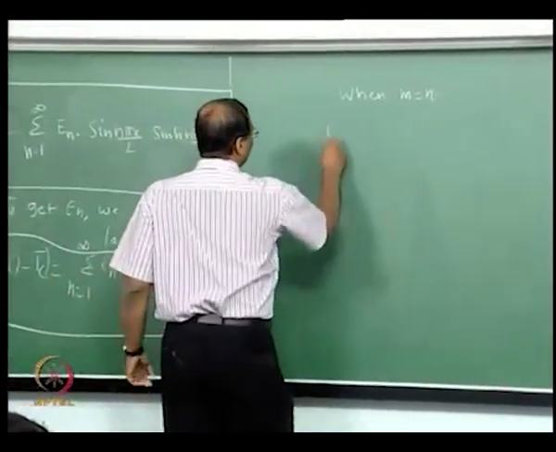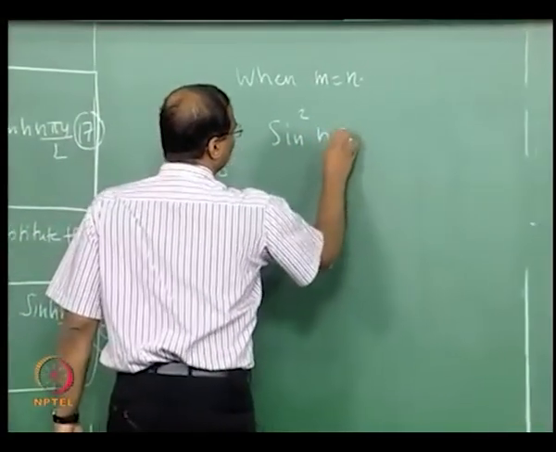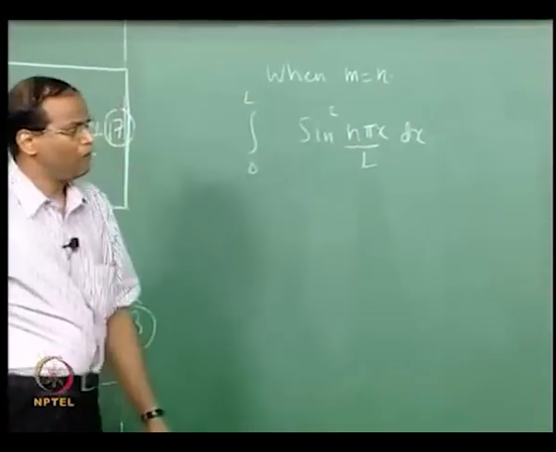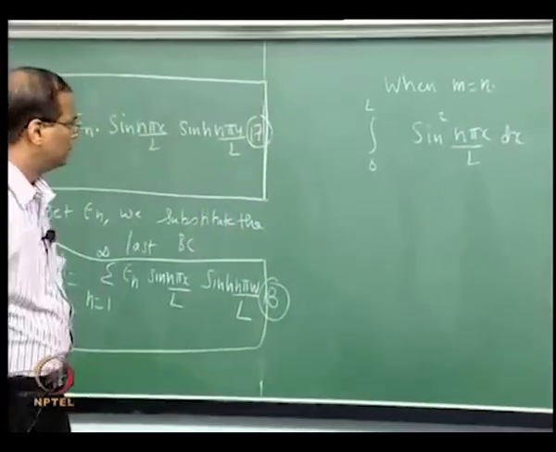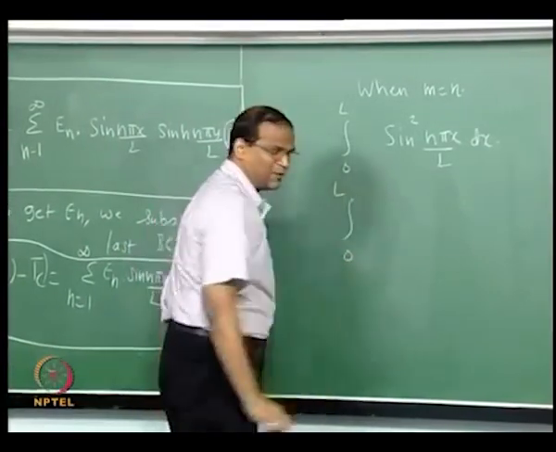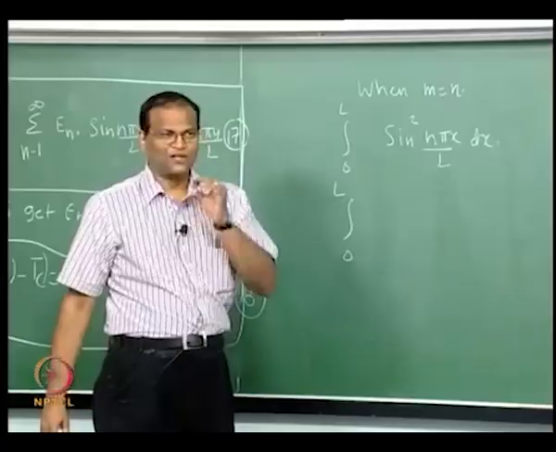Therefore 0 to L sin squared. What is sin squared theta? 1 minus cos 2 theta by 2, very good.